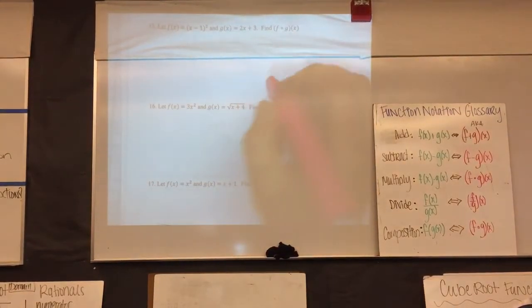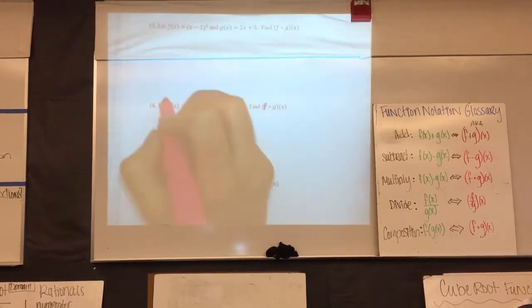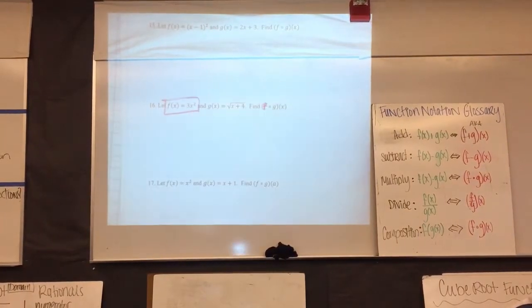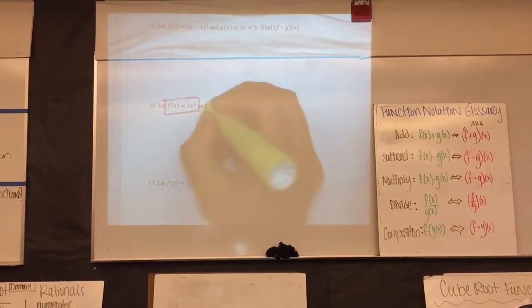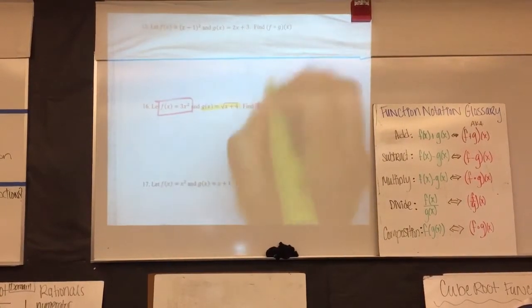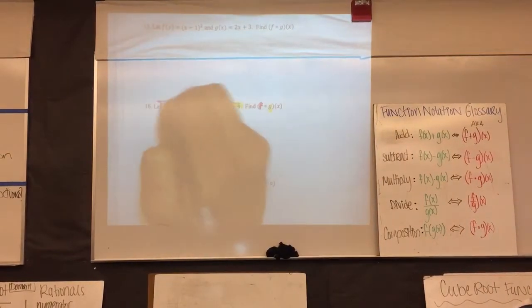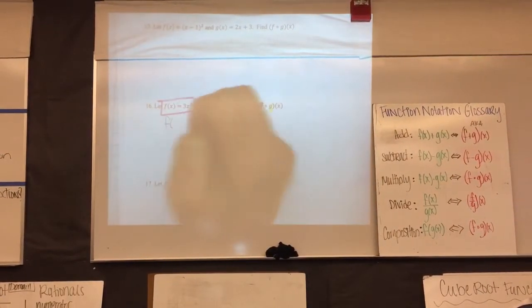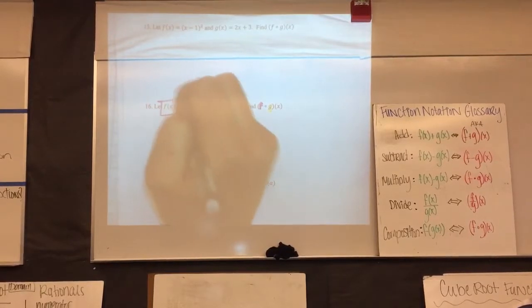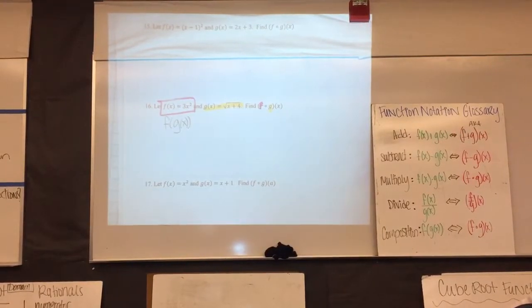So f is this function here, and g is this function here. This means that I'm going to take the function f, and I'm going to insert the function g into the f.